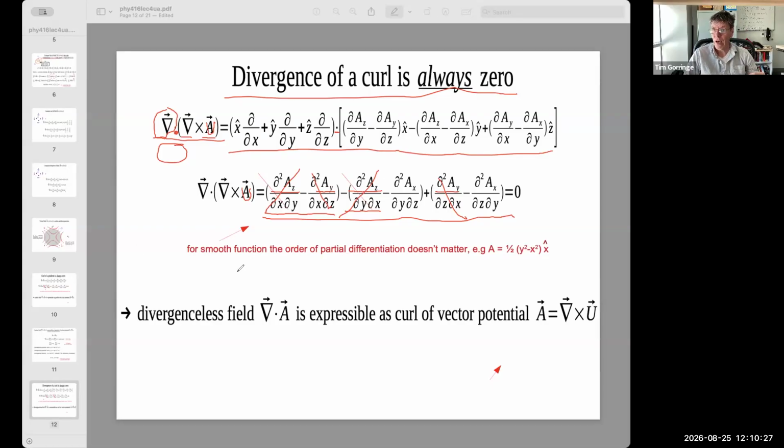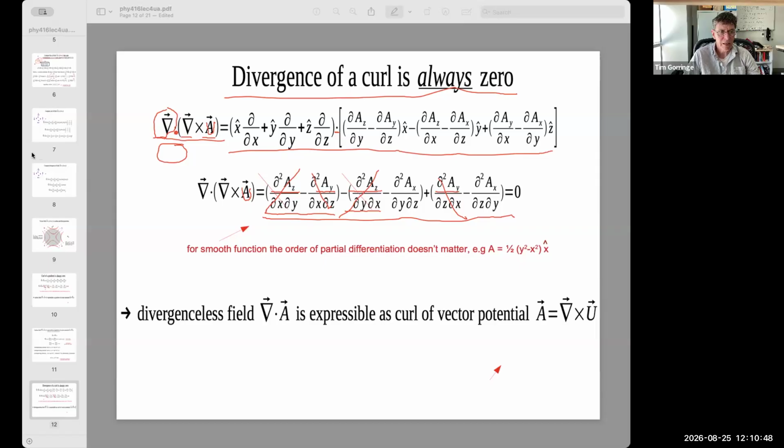Like I showed you for our quadrupole field, which we said could be an electric quadrupole field or a magnetic quadrupole field, what the underlying vector potential is for that field, because it was a divergenceless field. So not only because it's a curlless field does it have an underlying scalar potential, because it's a divergenceless field, it has an underlying vector potential.